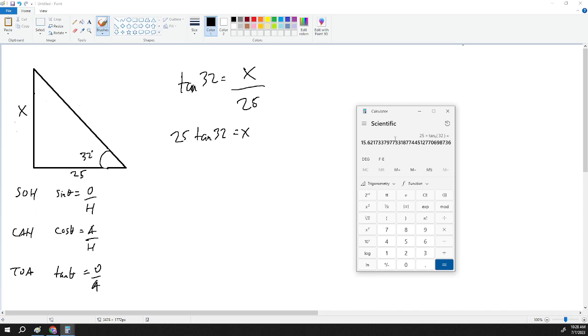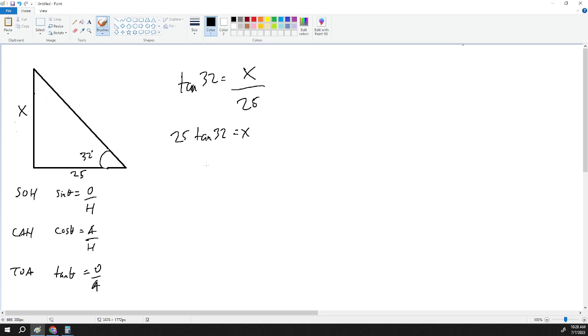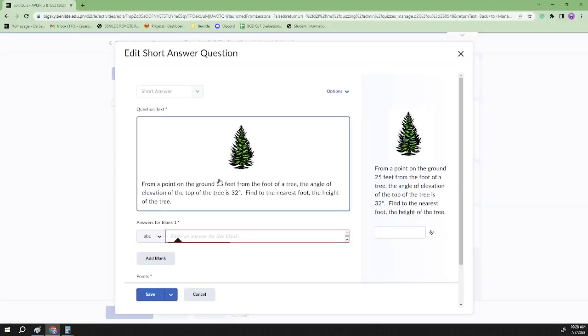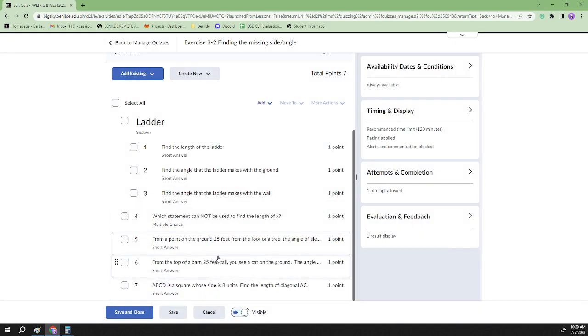Our answer for this would be 15.62. Yeah, 15.62. Okay. So the answer here will be 15.62.